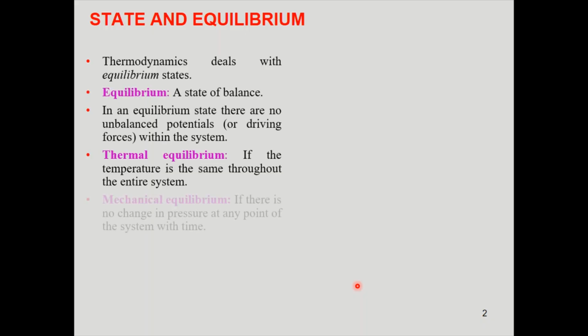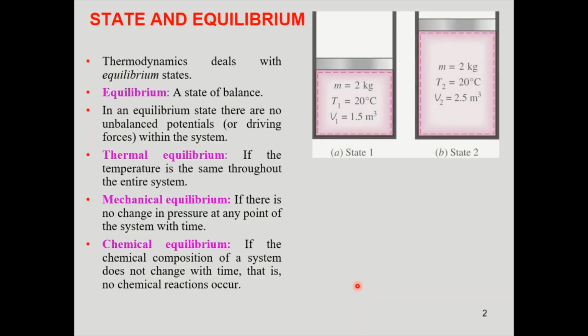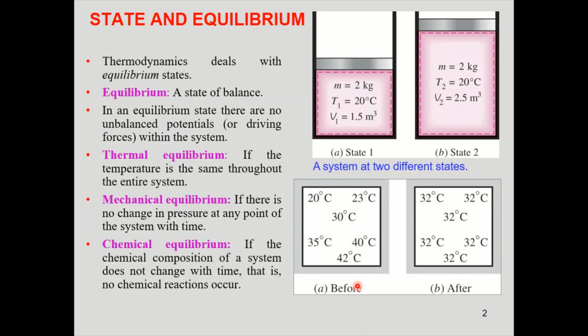And there I mentioned three types of equilibrium: thermal equilibrium, mechanical equilibrium, and chemical equilibrium. I have also said that if all these three equilibria exist in a system, then we can call the system in thermodynamic equilibrium.